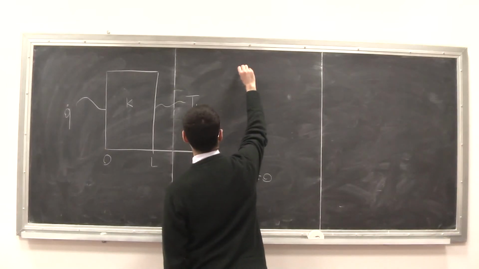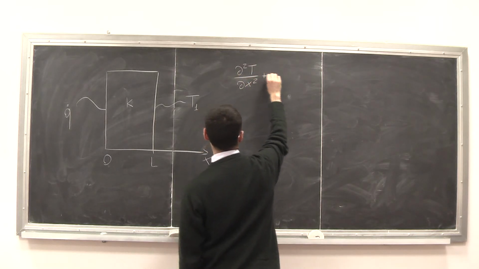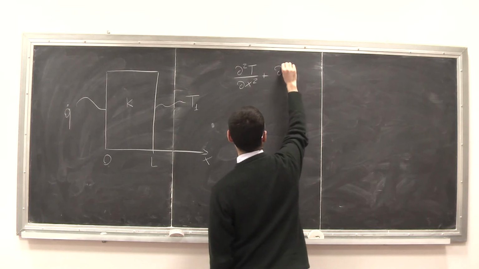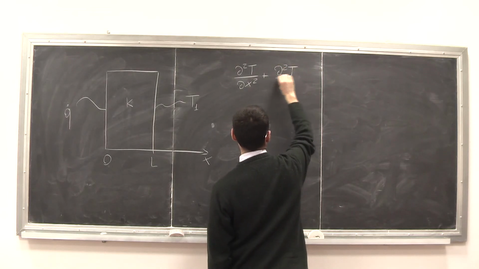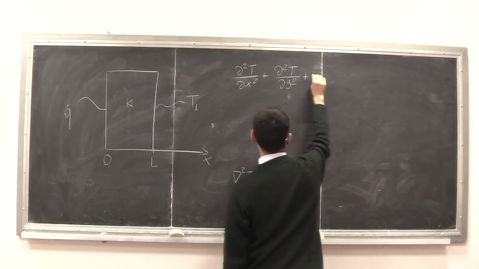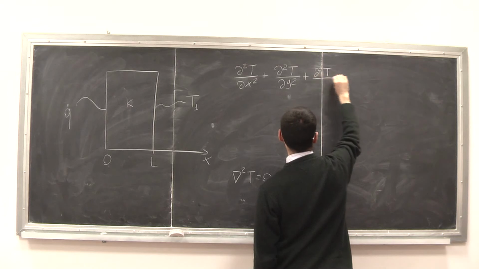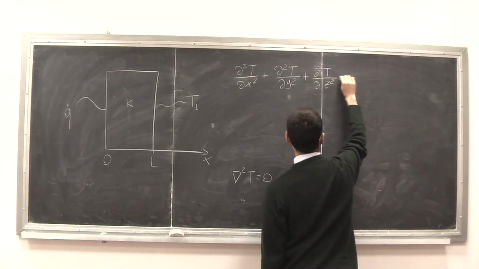So we can express the Laplace operator as second derivative of temperature with respect to x plus second derivative of temperature with respect to y plus second derivative of temperature with respect to z.